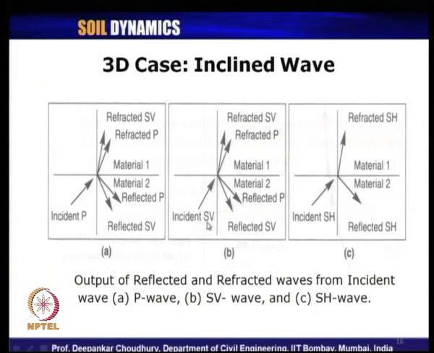When the incident wave is SV type, some portion gets reflected as P wave and SV wave in the same material, and some gets refracted or transmitted in the other material as SV or P wave. And when it is an incident SH wave, we have seen that the reflected wave in the same material is SH wave and the refracted or transmitted wave is SH wave in the other media.